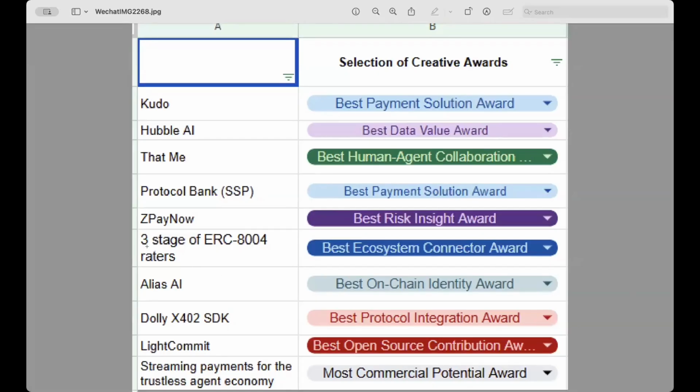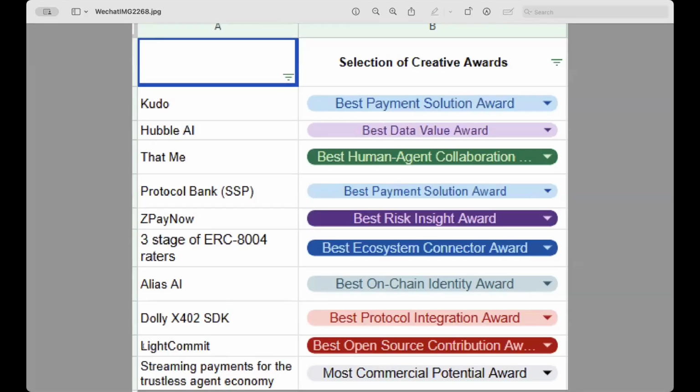Following that, 3 stage of ERC-8004 raters takes the Best Economy Connector Award. And next, let's cheer for Alliance AI for taking the Best On-Chain Identity Award. And Dolly X402 SDK takes the Best Protocol Integration Award.